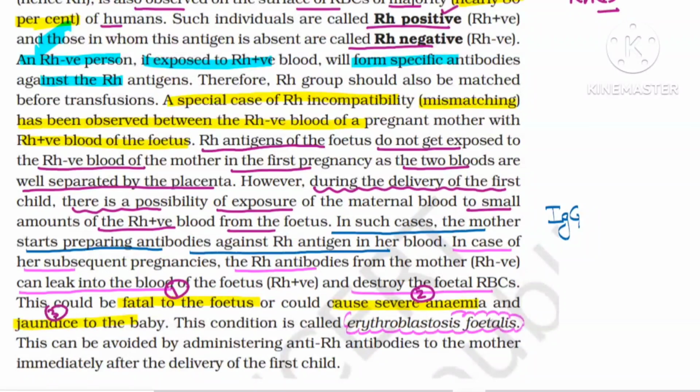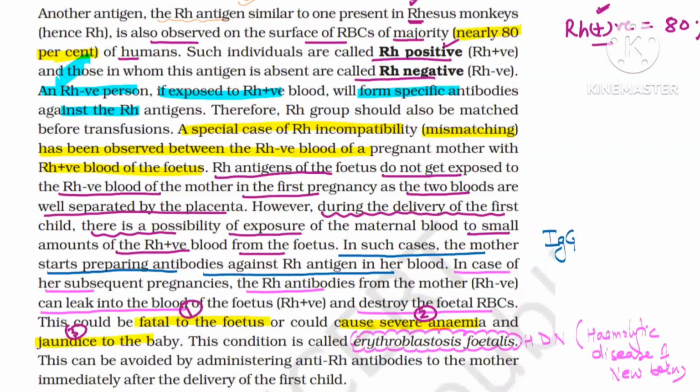This is known as erythroblastosis fetalis, also known as HDN. HDN means hemolytic disease of newborn. Now we can prevent it, but how to prevent? We can prevent it by giving the mother, immediately after her first delivery, anti-Rh antibodies.